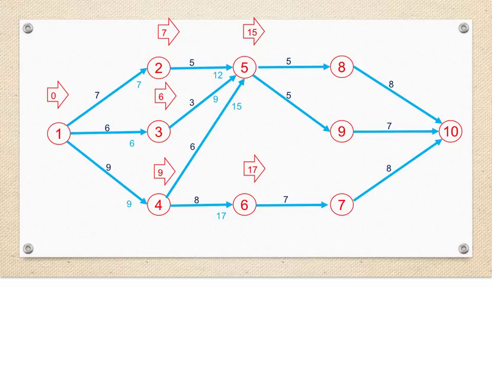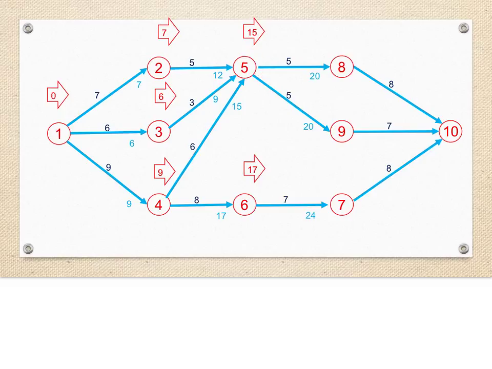Now, the earliest start time for event 6 is simply the earliest finish time of task 4.6, 17 days. But for event 5, we have 3 tasks flowing into it. So we have to select the greatest earliest finish time of the tasks flowing into it. In this case, we select 15 days to become the earliest start time of event 5.